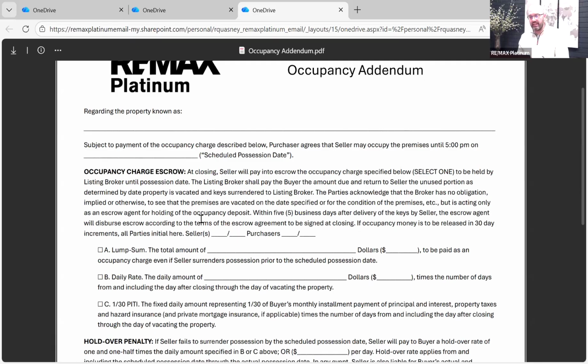The downside to that is, when they turn in the keys, they're then supposed to sign the additional escrow form showing that, hey, I have now turned in the keys, and then that person at our office can note the time and all that. It's a little bit cleaner and more proper if they do it in person at the listing brokerage office, or any of our locations, basically, if we're on the listing side.